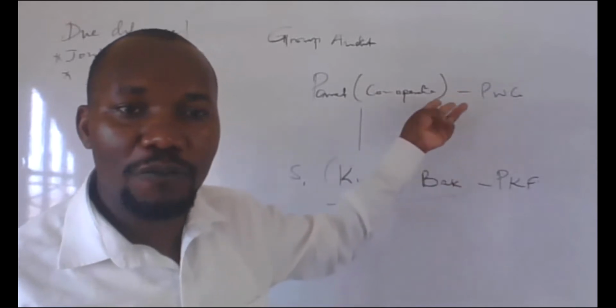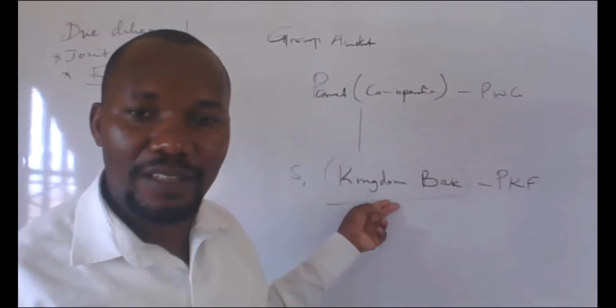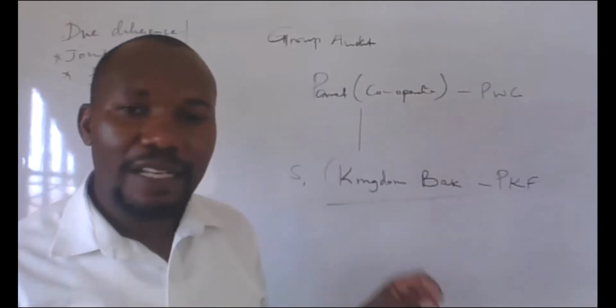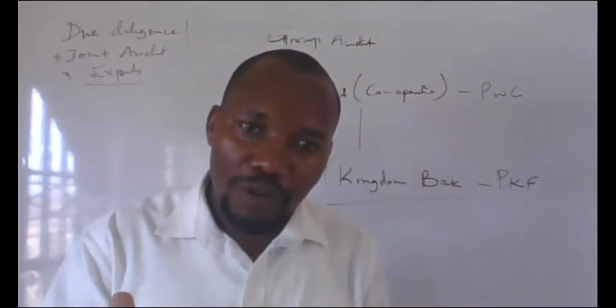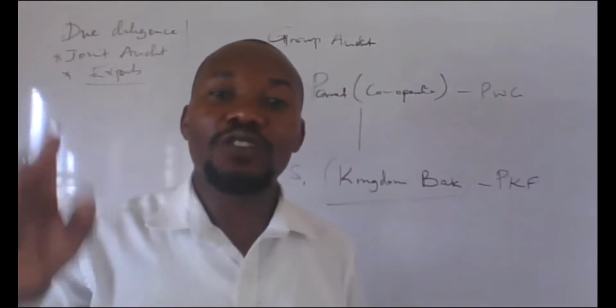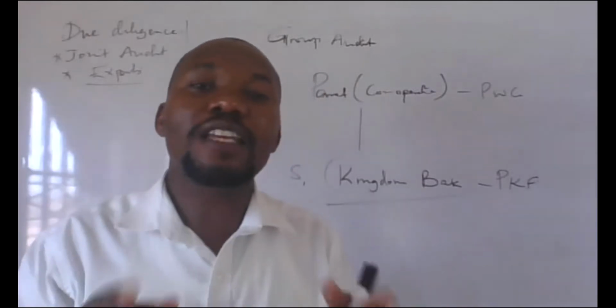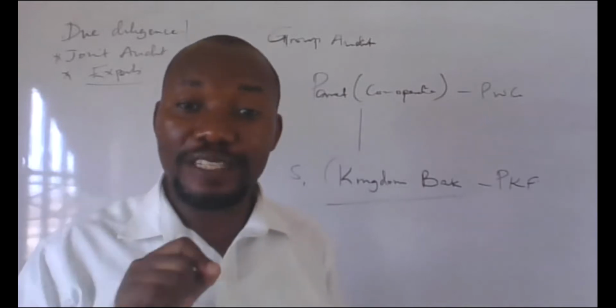We have 2 people from here and 2 people from PKF auditing this one. That one we call joint audit, not because it is a joint group, not because the parent is one they are going to sign, but it is joint because we have 2 different firms working together at the same time on the same assignment. So it is joint audit.